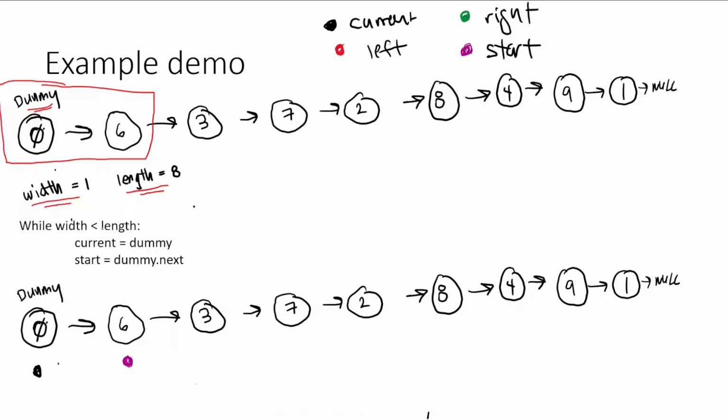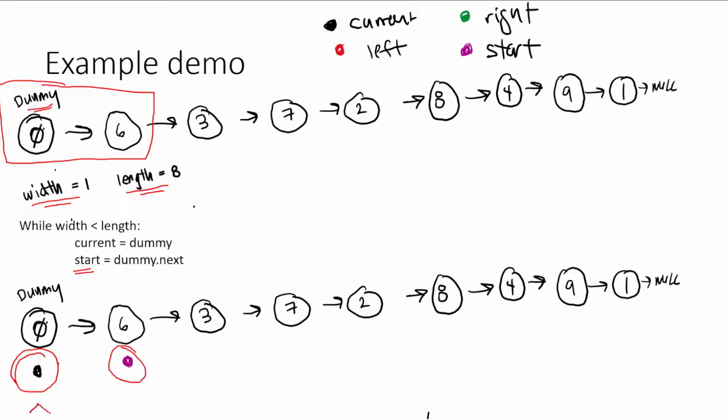While the width is less than the length, the current pointer will be equal to the dummy. So the current linked list pointer is going to be pointed here. Then we're going to have our start pointer go here.